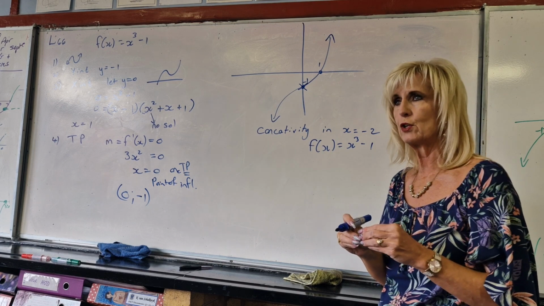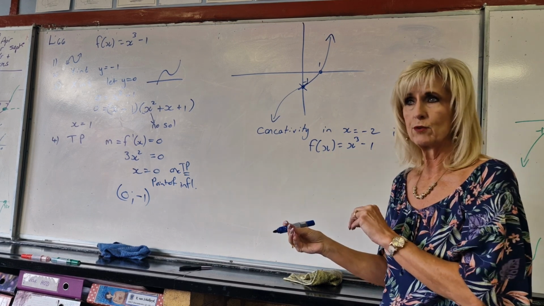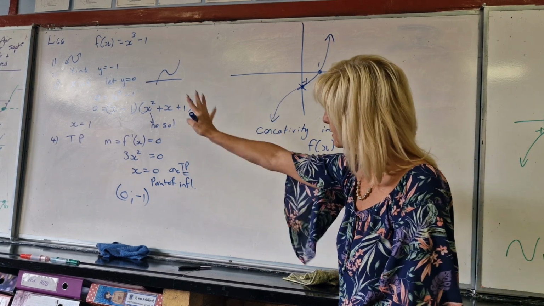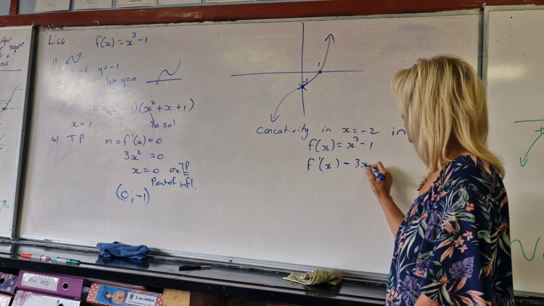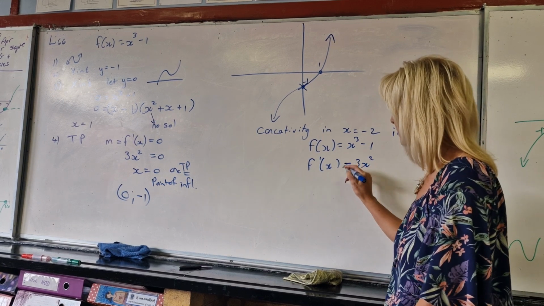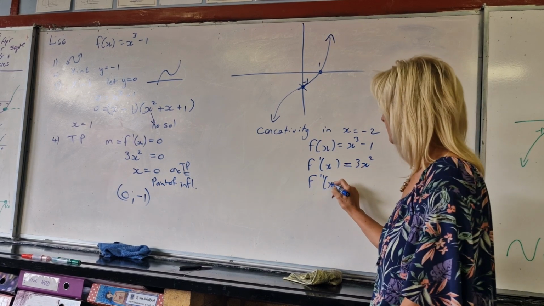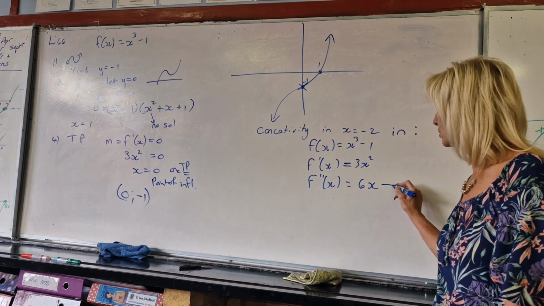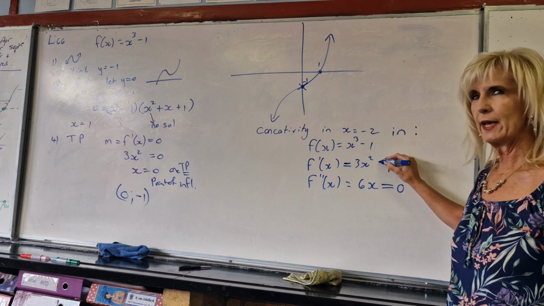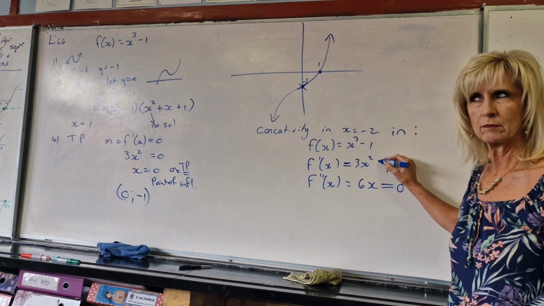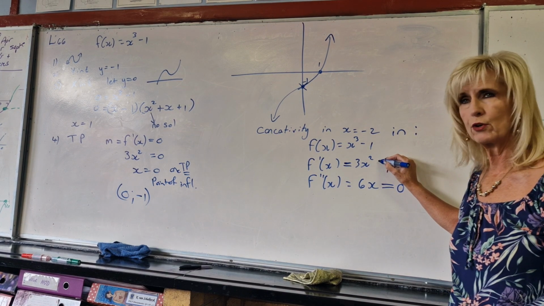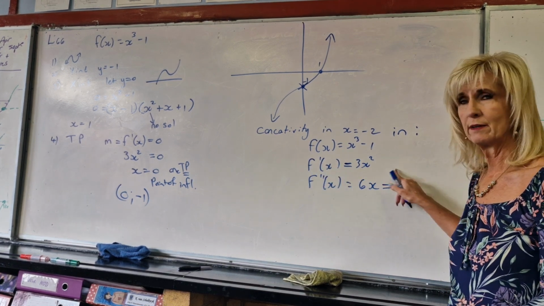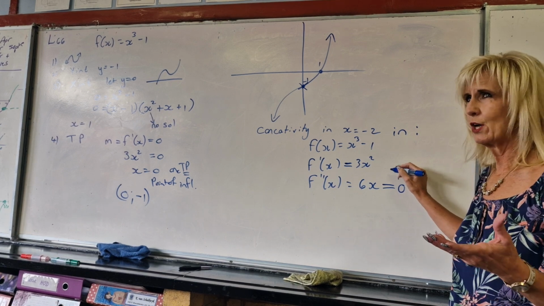Concavity is everything to do with the double derivative, your second derivative. So you've got to do your first one, we're making as if we haven't done it yet, which gives you 3x squared. Then we'll do the double derivative, which is going to be 6x, and we're going to put it equal to 0. Do I put that equal to 0? Why would I not put it equal to 0?